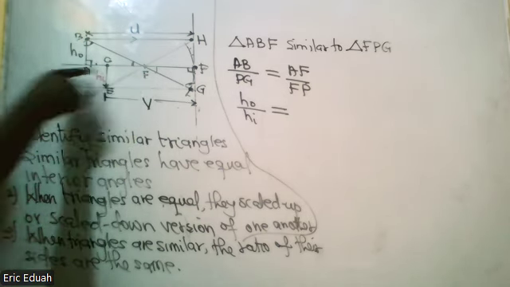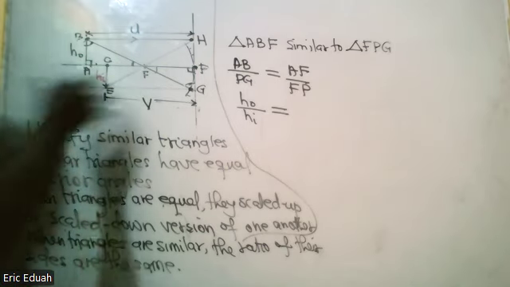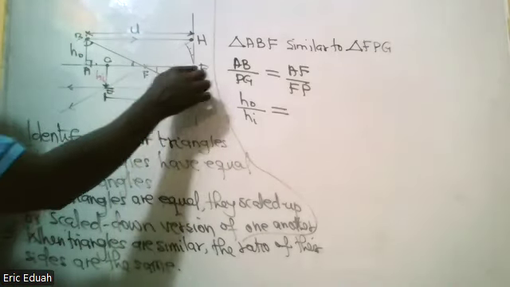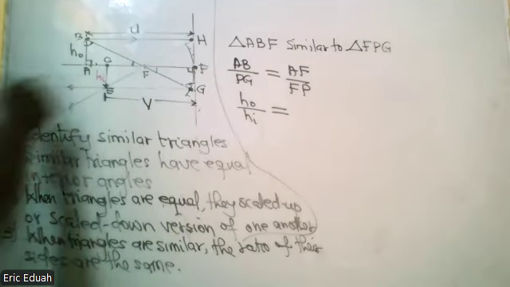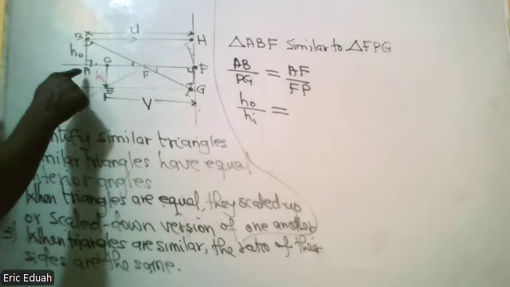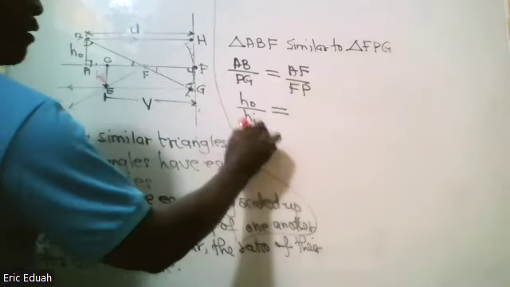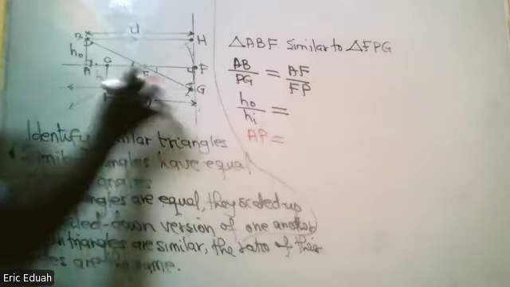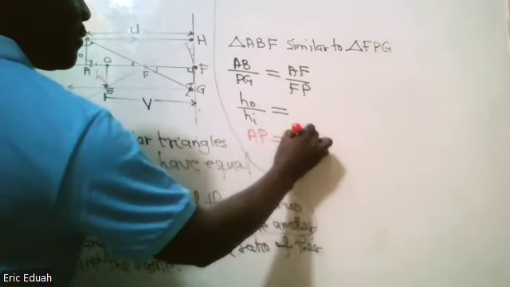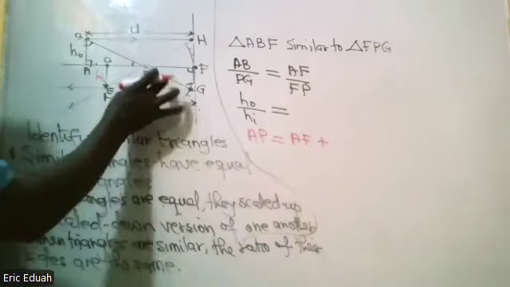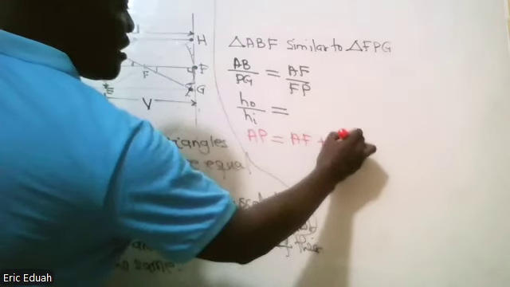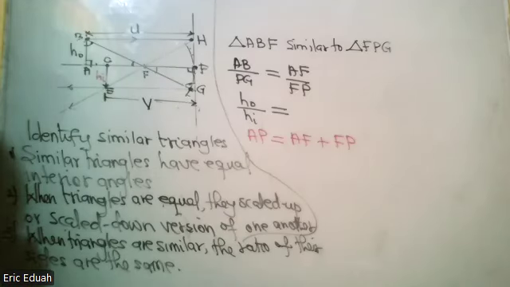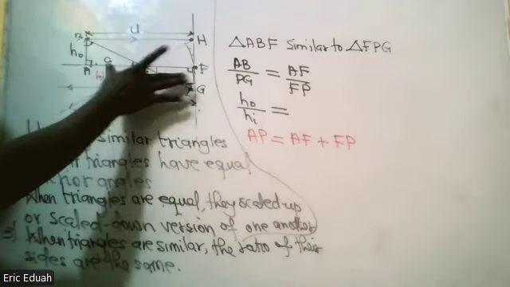Now, AF can be determined out of AP and FP. So, from the board, we can see that AP is equal to AF plus FP. Now, what is AP?